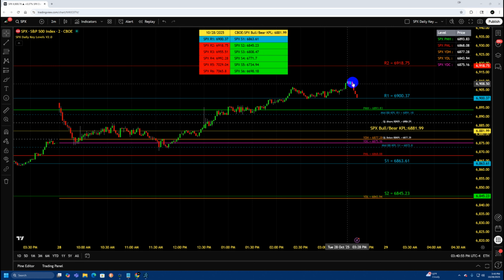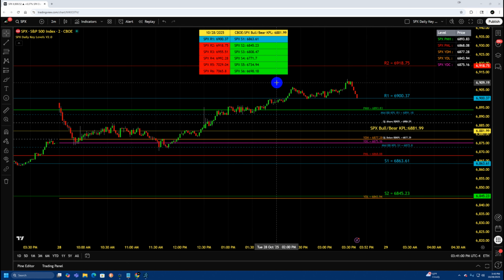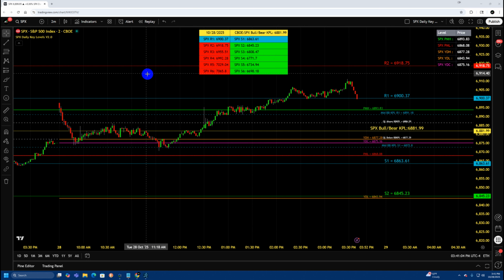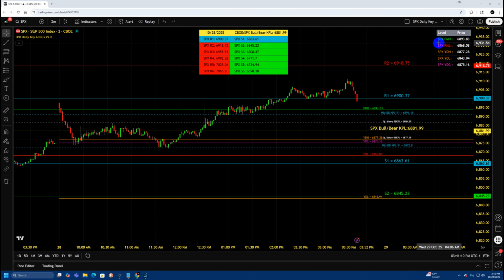Right now we're looking at the default look of this indicator. When you first get this indicator, these are the levels and tables you're going to see if you have it on the CBOE SPX chart. You're going to see the pre-market high and low, and yesterday's high, low, and close table, the table for the bull bear key price level, and the R1 through R6.